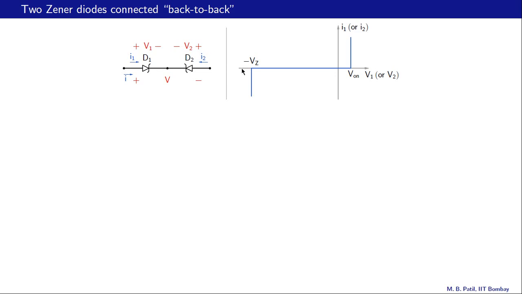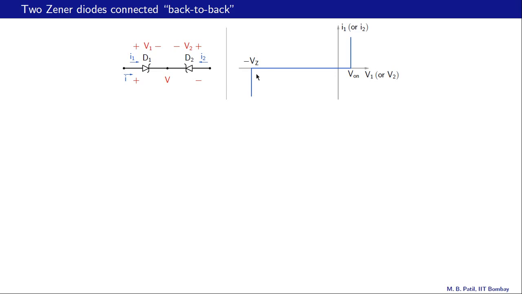So we assume that in the forward direction, the diode starts conducting at V equal to V on, and it has 0 on resistance. And then in between, that is between V on and minus Vz, the diode passes no current, current is 0, and it breaks down at V equal to minus Vz.